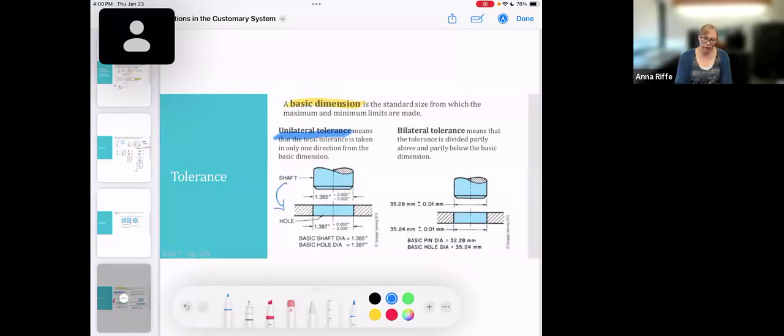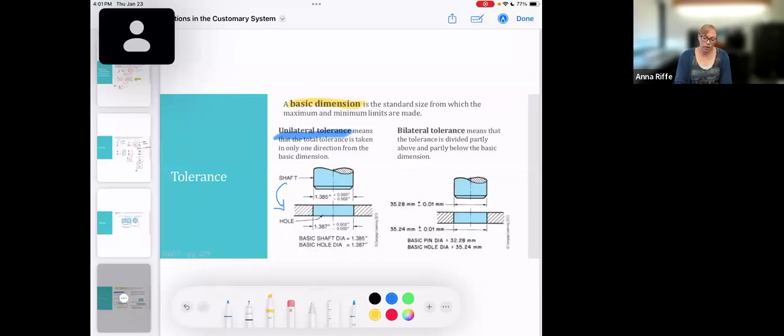And if we want to consider unilateral tolerance for this example, the shaft can only be smaller, it can't be bigger. So we can only fudge it in one direction. Similarly, the hole can only be bigger, it can't be smaller. So that's an example of unilateral tolerance.